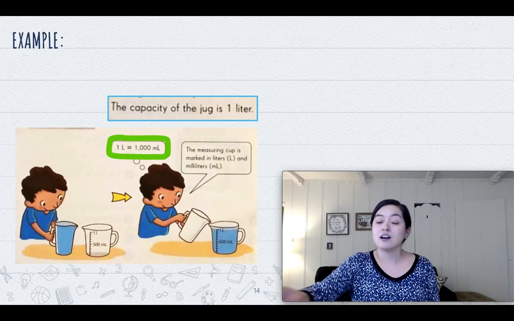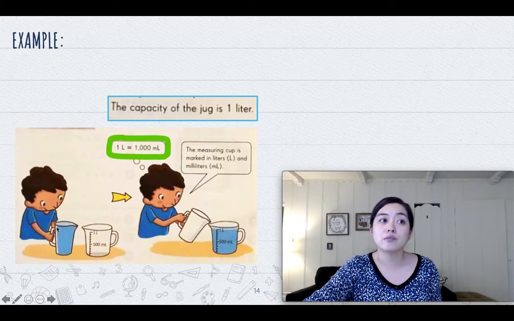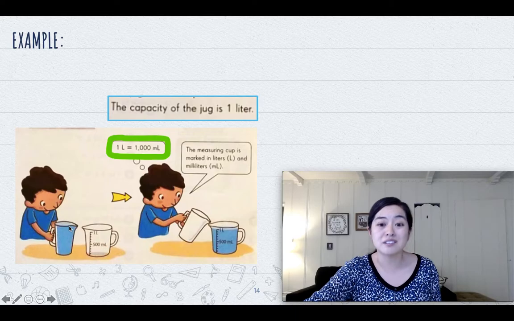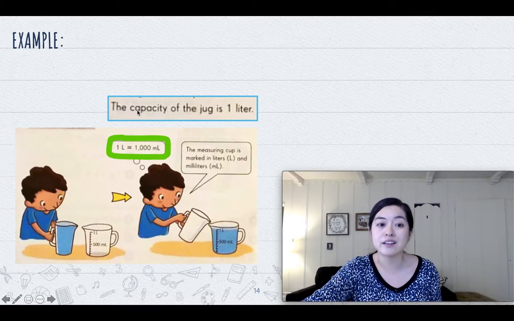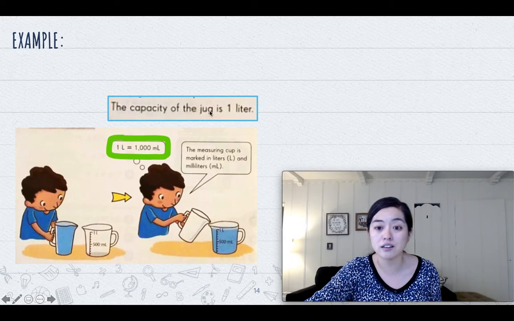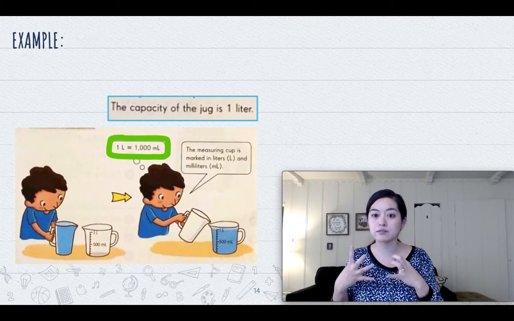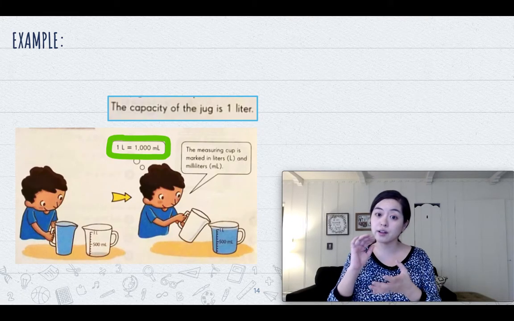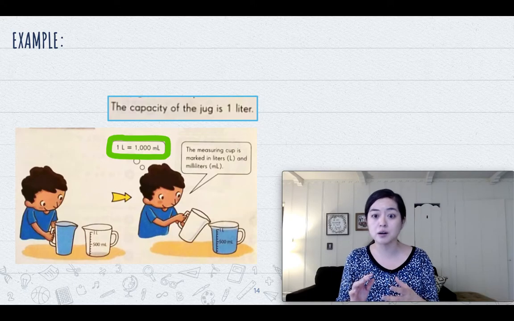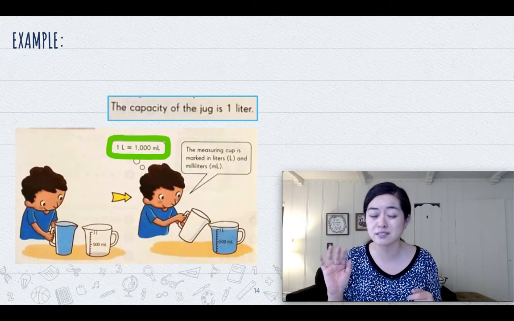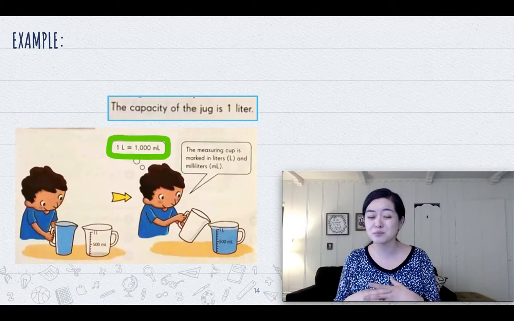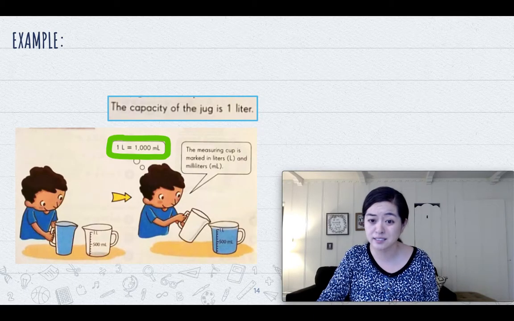And because we know this pitcher was filled to the top and we see how much water there was in that pitcher, we say that the capacity of that jug or pitcher is 1 liter. Capacity means what is the maximum amount of liquid that can fill up the container, the maximum amount. Whether it's filled all the way to the top or not, what is the maximum amount? That's the definition of capacity.